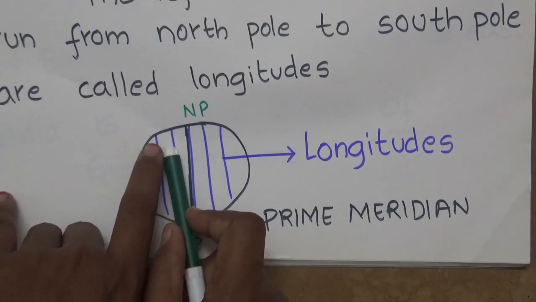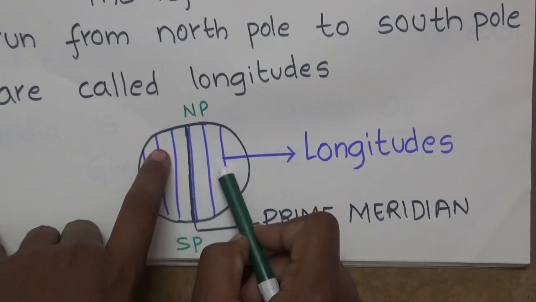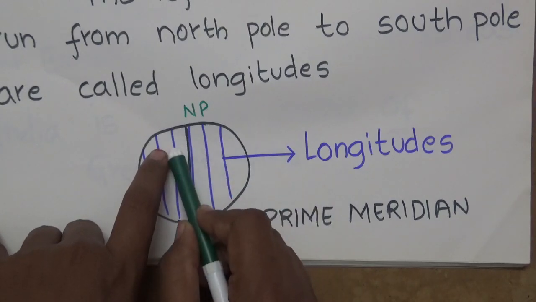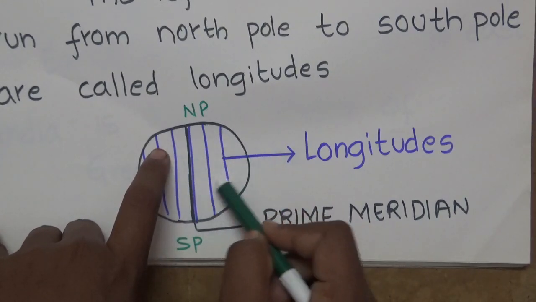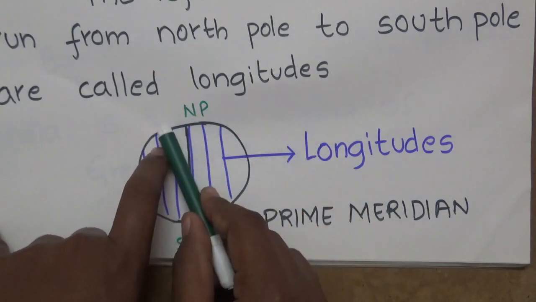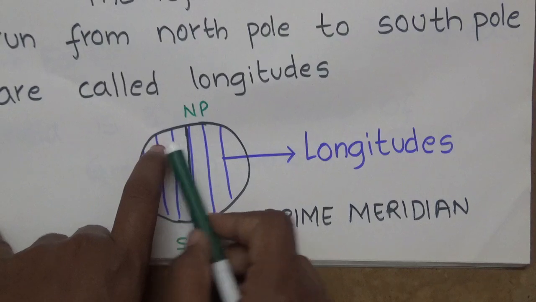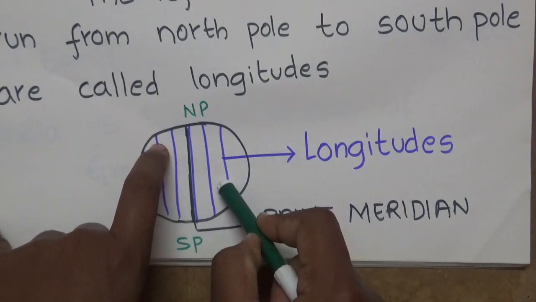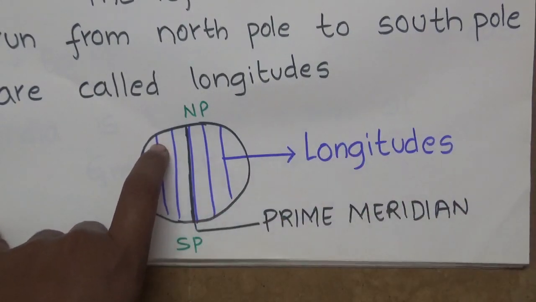If the time over here is 1 in the afternoon, the regions over here will be very much ahead of this time. So if it is 1 here, this has 5 p.m. in the evening or something like that.